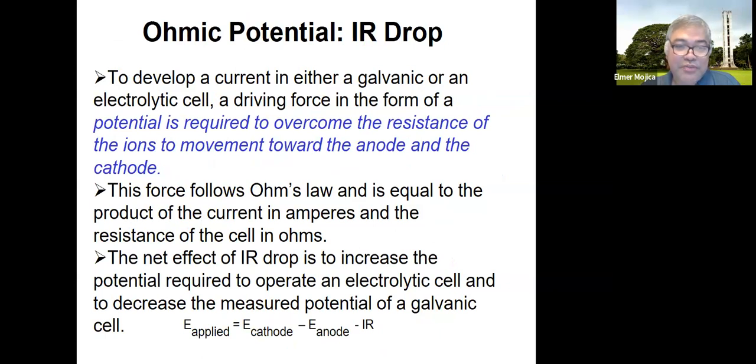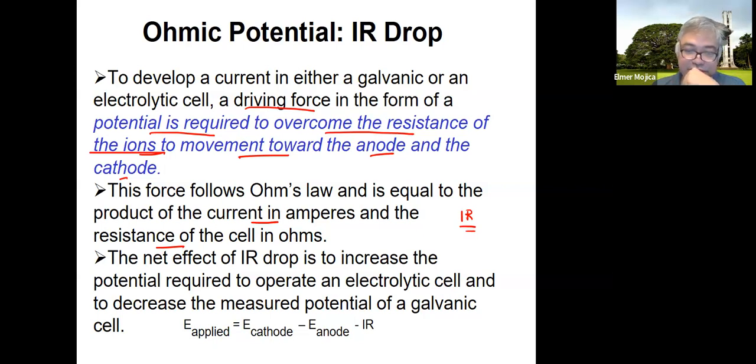To develop a current in either a galvanic or an electrolytic cell, you need a driving force in the form of a potential that's required to overcome the resistance of the ions to movement toward the anode and the cathode. This still follows Ohm's law, and is equal to the product of the current in amperes and the resistance of the cell in ohms. So that's where we get this IR.